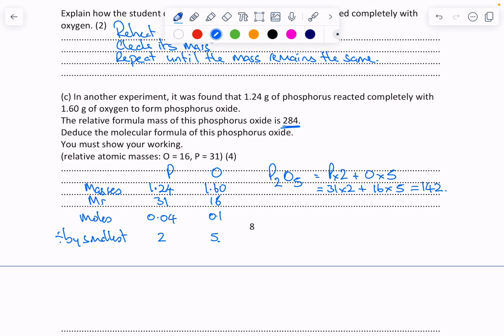Now the question tells me the mass should be 284. So if I take 284 and divide it by the mass of the empirical formula, I get a ratio of 2, which means my molecular formula has to be 2 times bigger than the empirical formula. So P2O5 times 2 is P4O10. And that'll be my final answer.